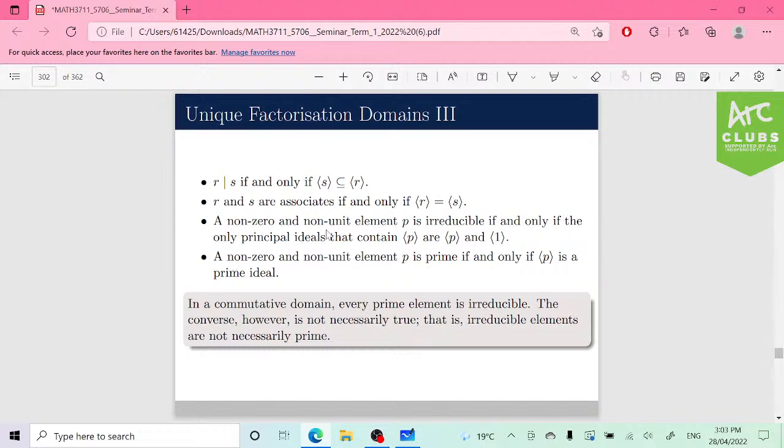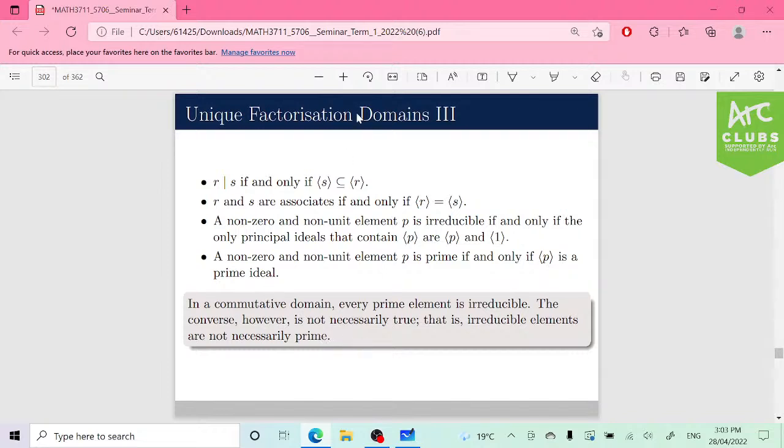And we say that a non-zero non-unit element P is irreducible if the only principal ideals that contain the ideal generated by P are that ideal itself and the entire ring. And a non-zero non-unit element P is prime if and only if the principal ideal generated by P is a prime ideal.